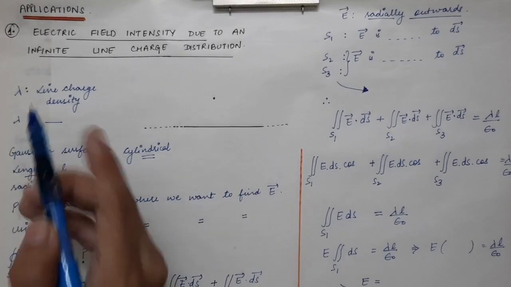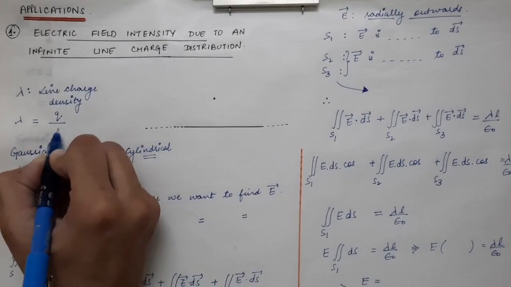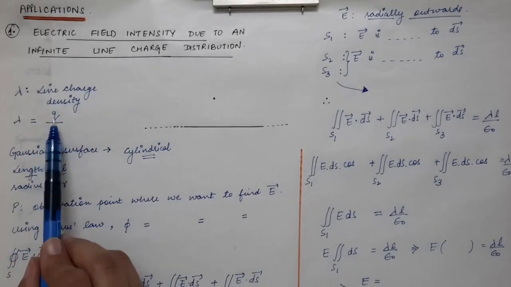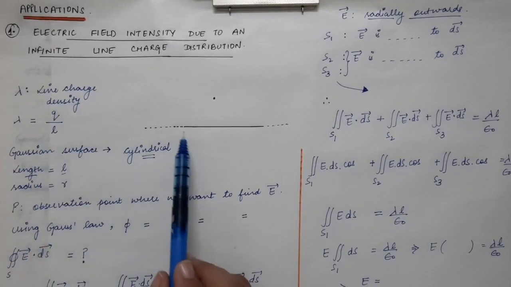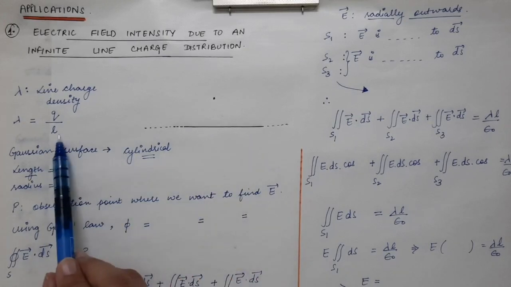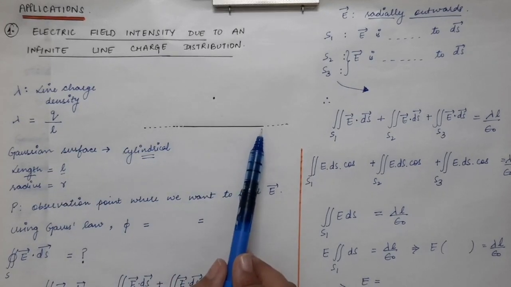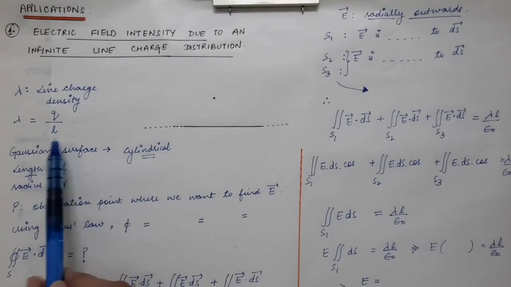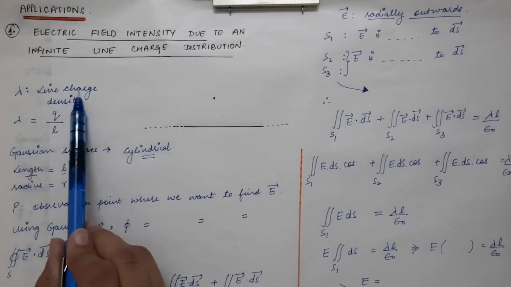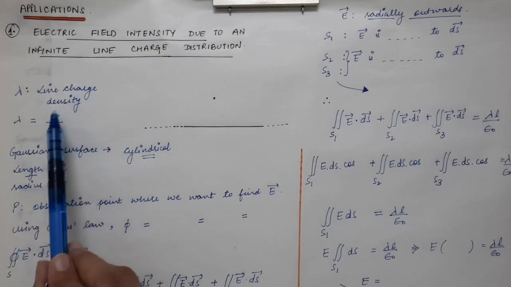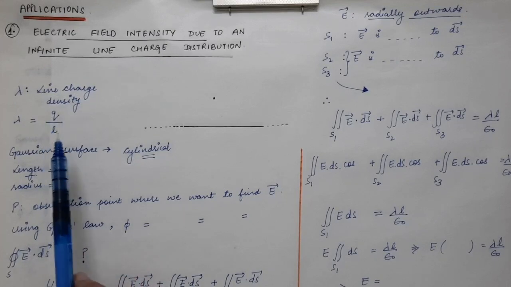So lambda will be given by q divided by l, the charge present in this length divided by the length. So this is how we define line charge density: the charge present in unit length.